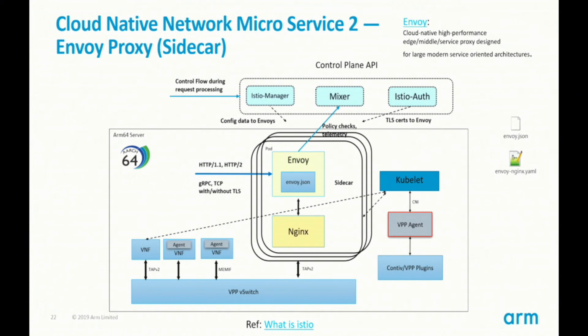And Envoy can do some other enhancements for the native web server, such as rate limiting, authorization, certification and all things like that. So this Envoy example has been enabled on ARM.